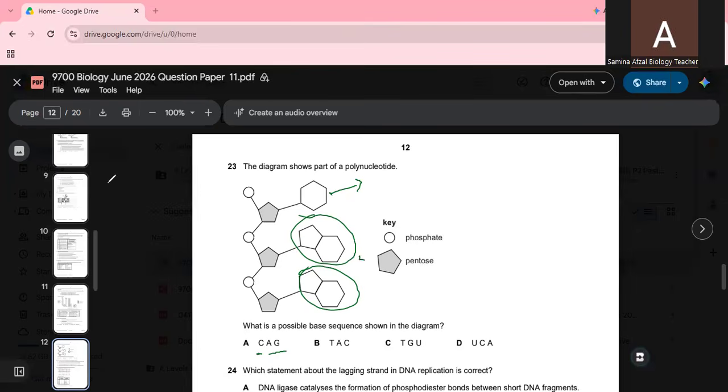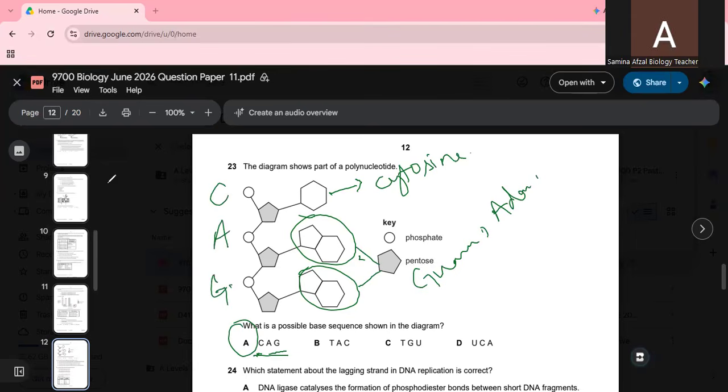So the top can be cytosine, and the others can be guanine or adenine because they are double rings. So CAG: cytosine, adenine, and guanine. So A is the correct option. All other options are not correct.